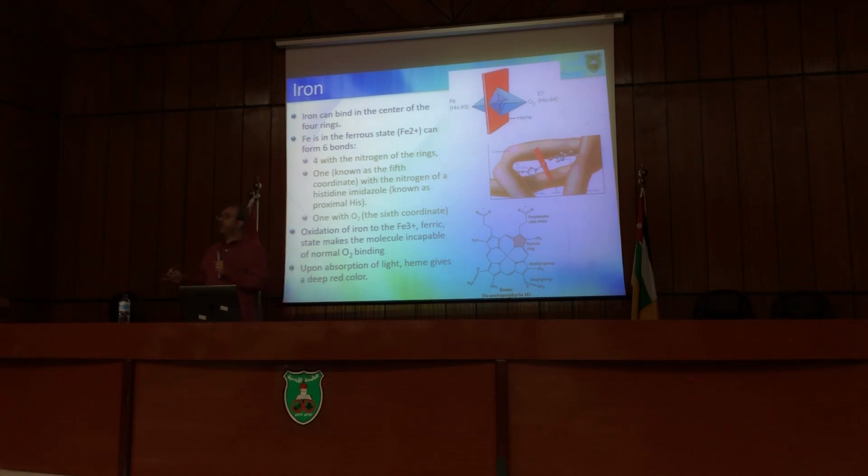If it is in the ferric state, then it cannot bind to oxygen and the blood color would be blue. That's why you see the British royal family having a blue blood color, and they say this is the royal color, so unique for elite people.